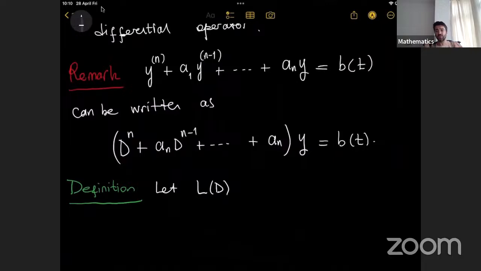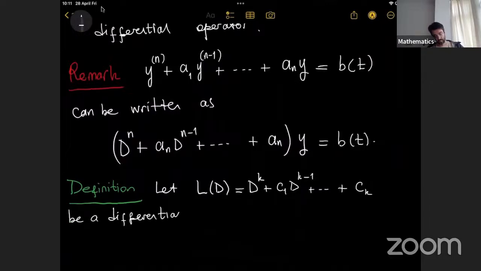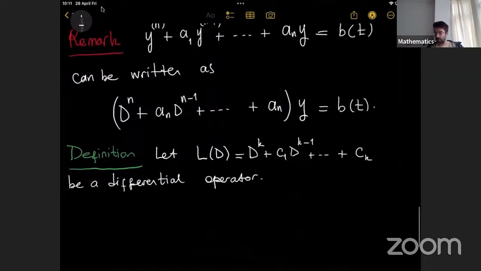It looks like a polynomial, so we will call it L of D. It's D to the k plus c1 D to the k minus 1 plus ... plus ck. Let's say this is a differential operator. Then it's called annihilator of a function b.